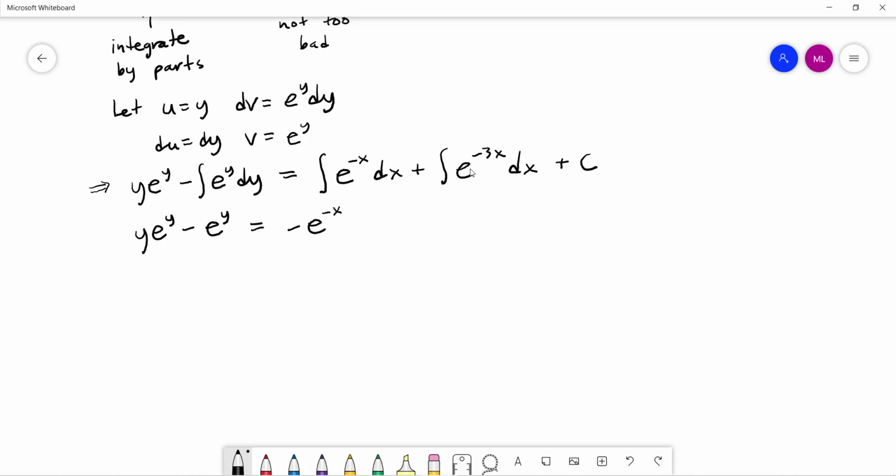Same thing over here. When I take the derivative of e to the negative 3x, I'll get back the e to the negative 3x that I want here. But I'm also going to pick up an extra factor of negative 3 that I do not want, because there is no extra negative 3 that shows up here. So to account for that, I'll put a negative 1/3 out in front of everything.